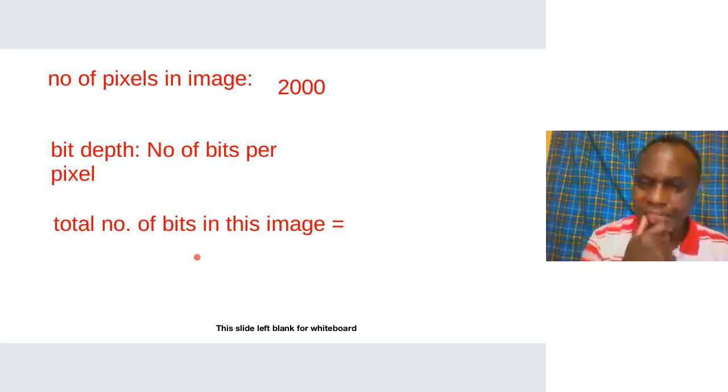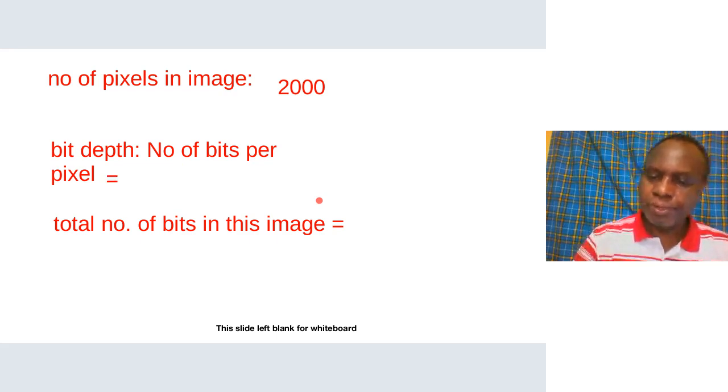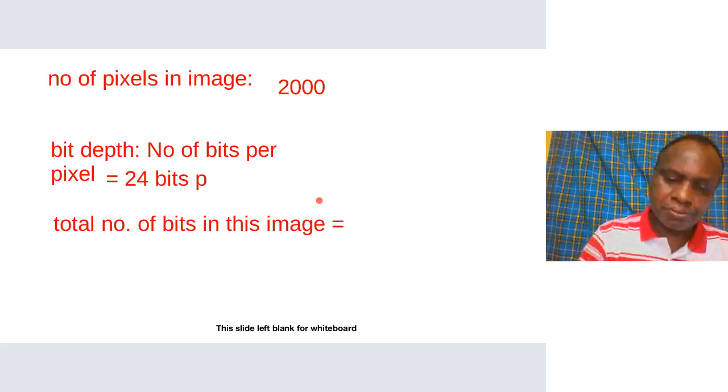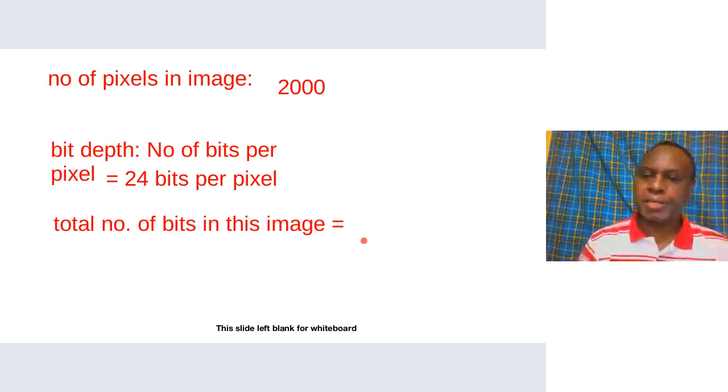I think I went too fast, so I'll go back. Here we should have assumed some bit depth. Let's assume our bit depth this time is 24. 24 is very popular, and we call it bits per pixel. So let's assume that is our bit depth.